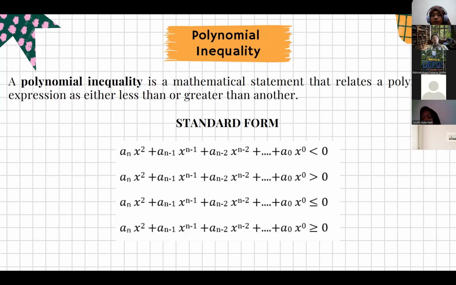So you can see the standard form: a subscript n x to the power n is added to a subscript n minus 1 x to the power n minus 1, is added to a subscript n minus 2 x to the power n minus 2, and so on until plus a subscript 0 x to the power of 0 is less than 0. This is basically the same as the previous, using less than, greater than, less than or equal, or greater than or equal. Next please.